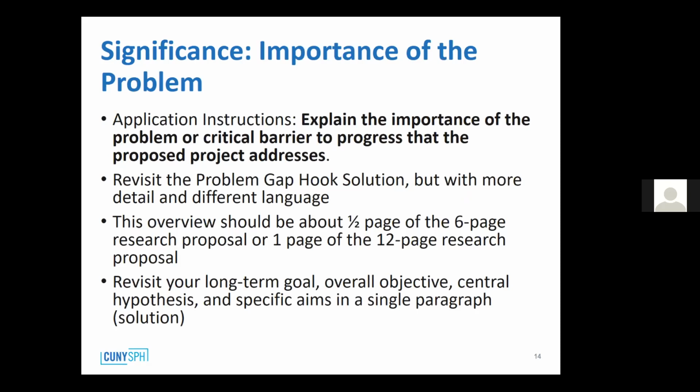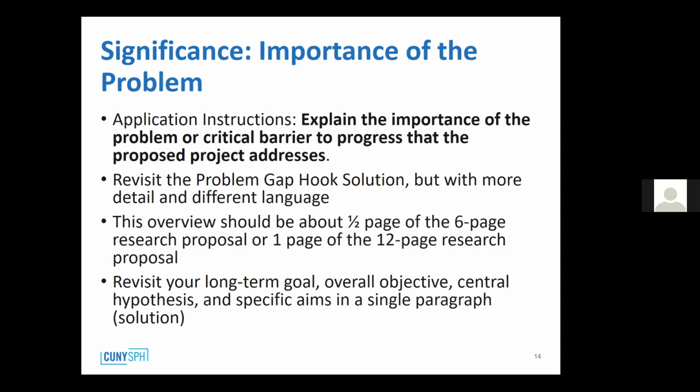In writing about the importance of the problem, remember the application's instructions, which tell you to explain the importance of the problem or critical barrier to progress that the proposed project addresses. Remember, we talked about the rhetorical tool to frame your problem. Revisit the problem, gap, hook, solution, but with more detail and different language.